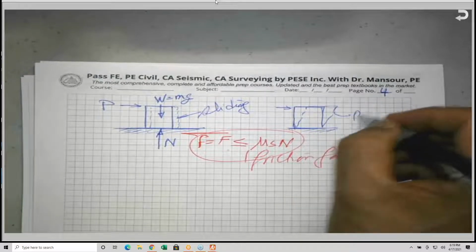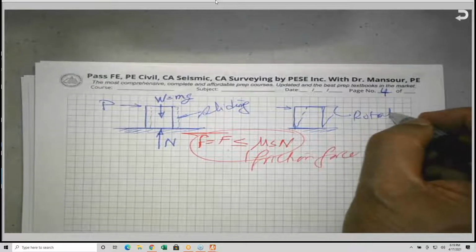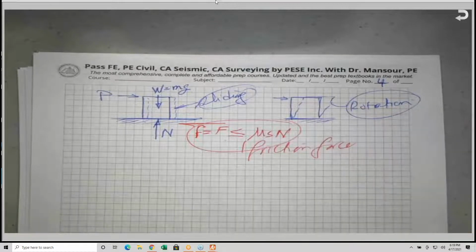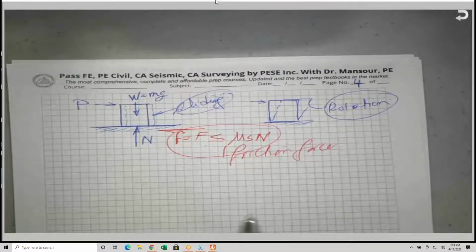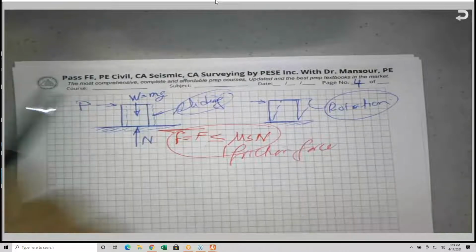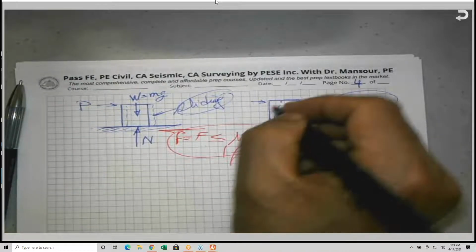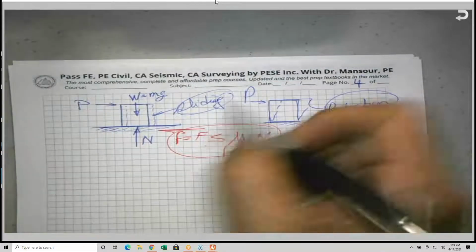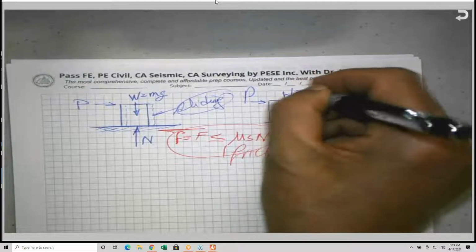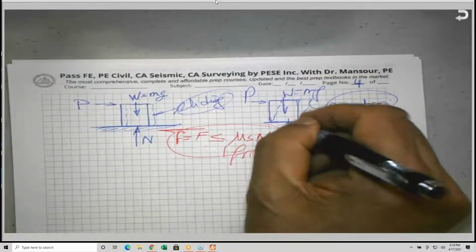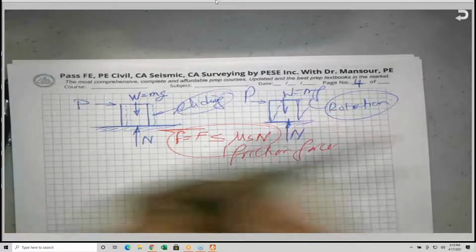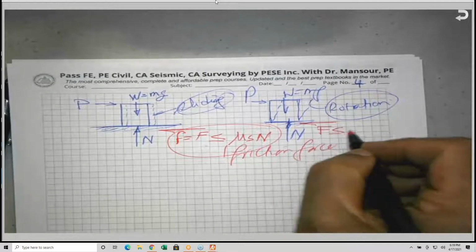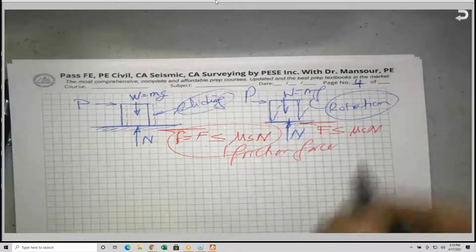This is called rotation. So we have sliding and we have rotation. In either case, you will find there is a friction force. If this is the external force P, and again this is the weight, and also the normal force N, and the friction force F is less than or equal to mu sub S times N.